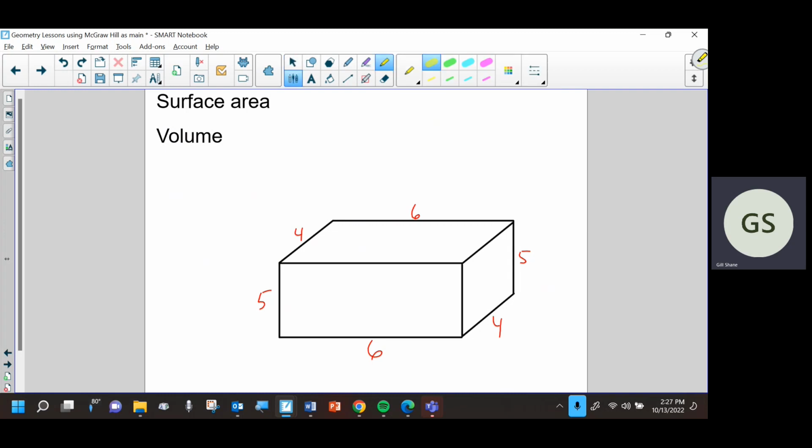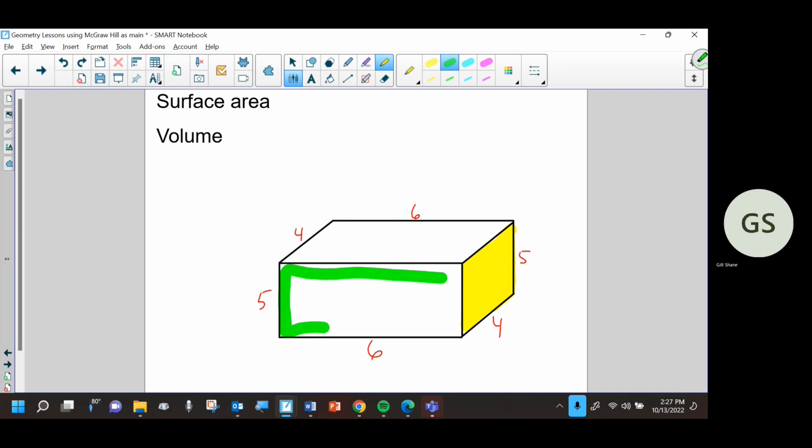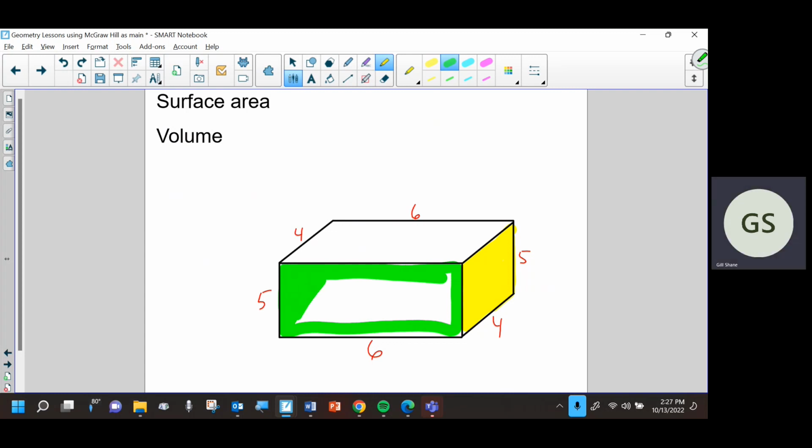All right, so all I really need to do is identify, first of all, the different size rectangles. So this is one rectangle right here, right? That's one rectangle. I then have another rectangle in front, in a different color.